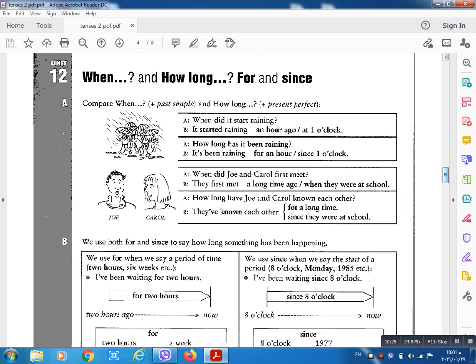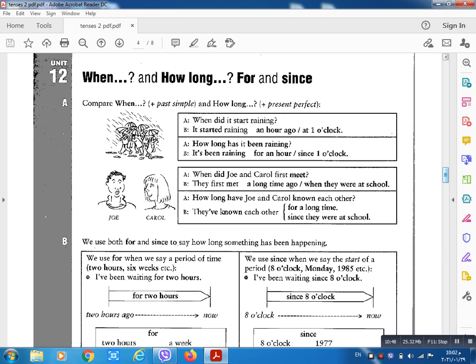Look at the title in 12. When, a WH question item. How long, again a WH question item, in addition to the comparison between for and since. Let's see. Compare when and how long. Look, when, past simple. How long, present perfect.